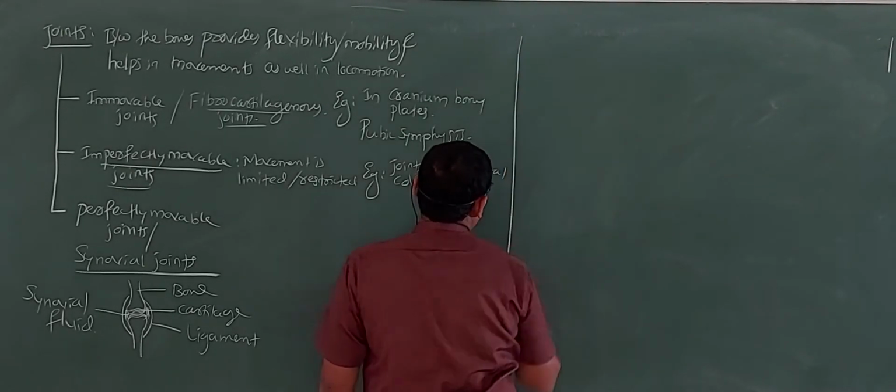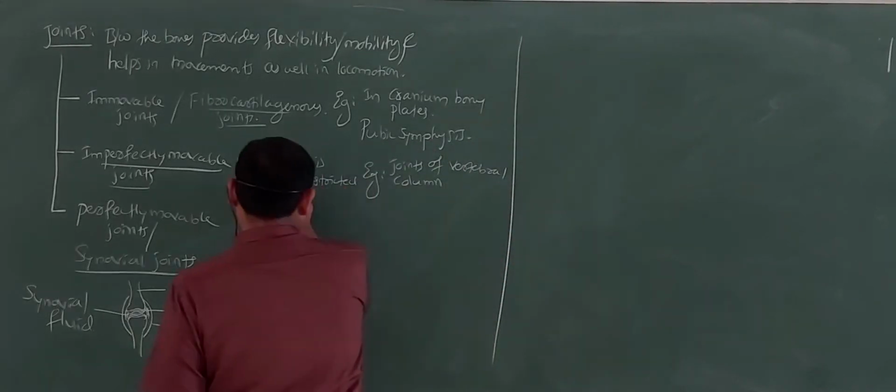Then perfectly movable joints are types of synovial joints. Let me tell you what they are.